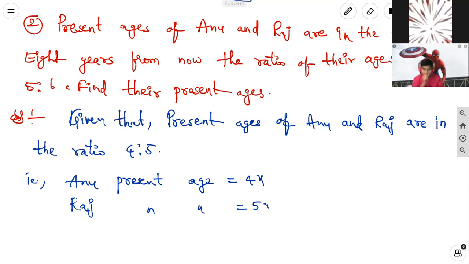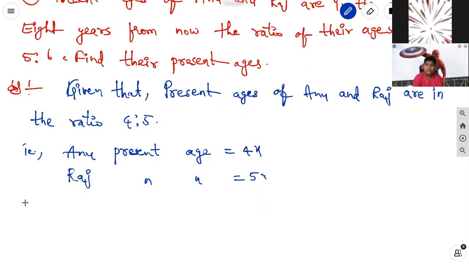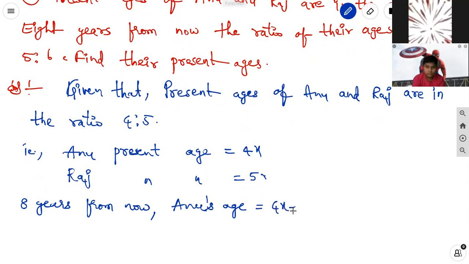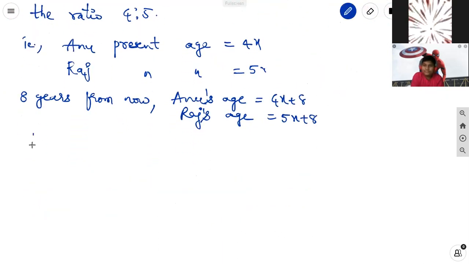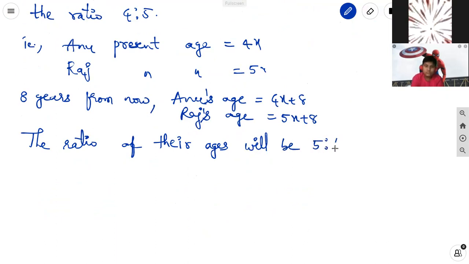Next, 8 years from now, Anu's age equals 4x plus 8, Raju's age equals 5x plus 8. Their ages ratio will be 5:6.